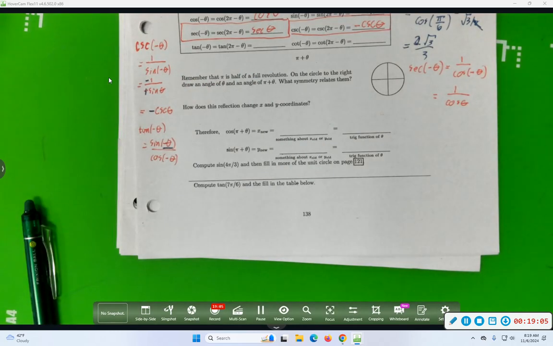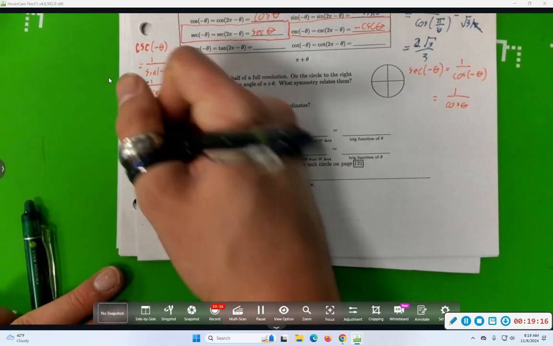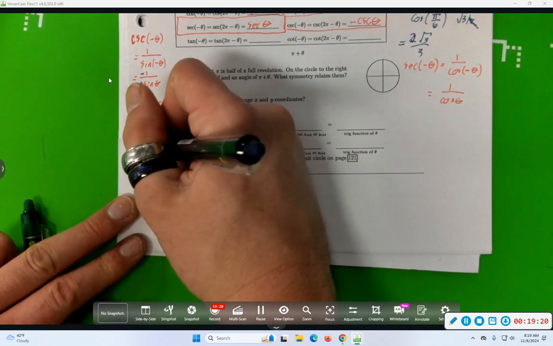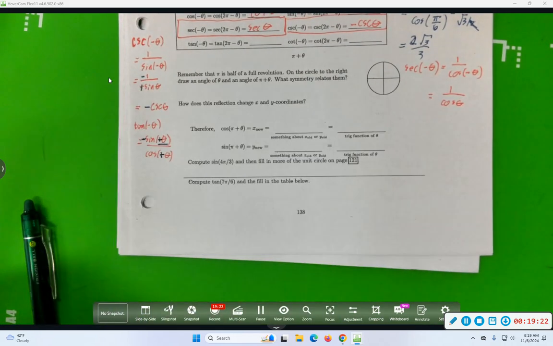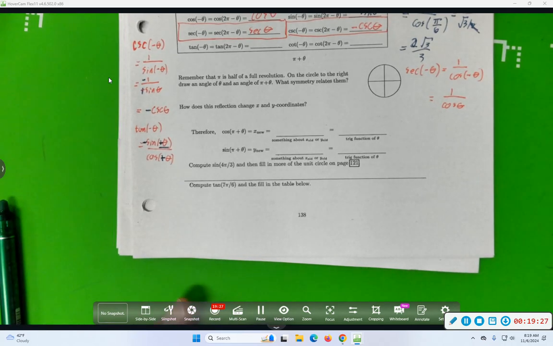Negative inside of the sine. Is sine even or odd? Odd. Cool, so I can pull out that negative. Cosine, even or odd? Even. So I don't care about that negative. So that is negative sine theta divided by cosine theta.